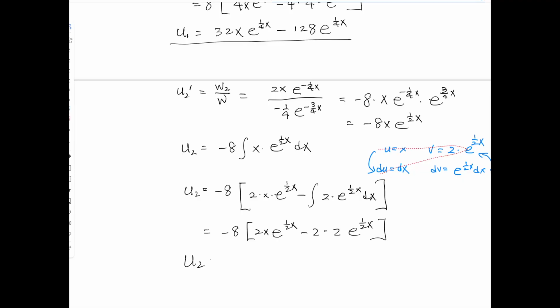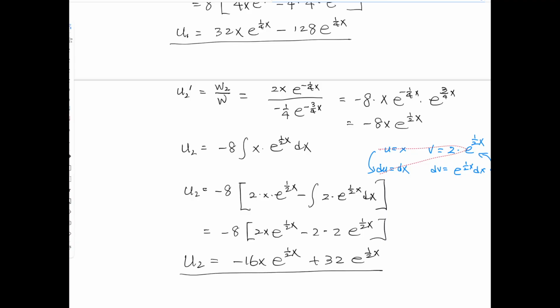So our final u2 goes to negative 16x e to the 1 over 2x, and then minus 4 times minus 8, positive 32 e to the power of 1 over 2x.